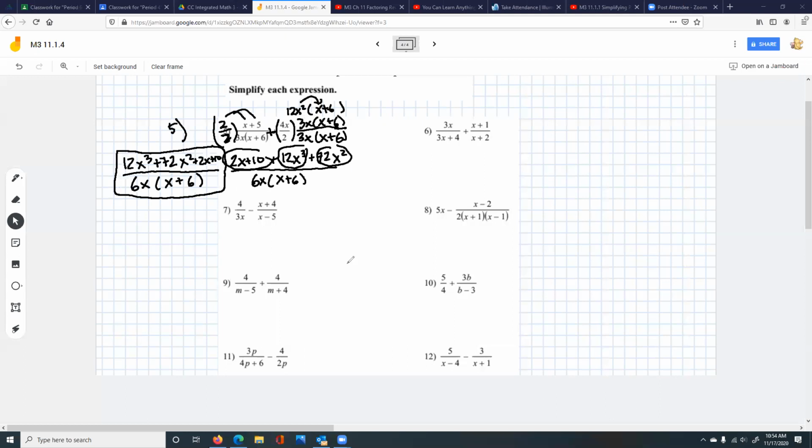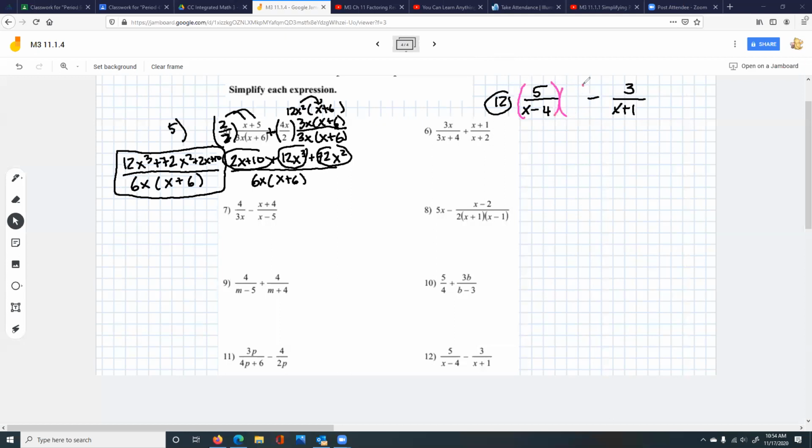Okay. I wanted to look at number 12 here with you. I'll write it up here so I have room. 12 is 5 over x minus 4. So I'm doing some of your homework with you. Minus 3 over x plus 1. Totally nothing in common for these denominators. Okay. So what that means is I need to multiply this one times this one and that one times that one to get them to be the same.